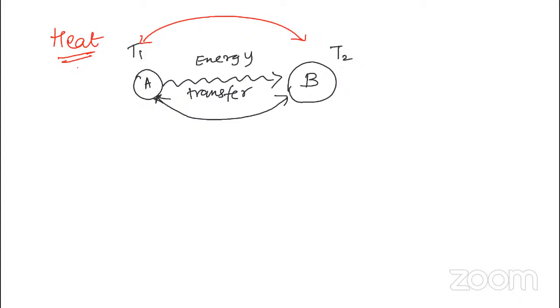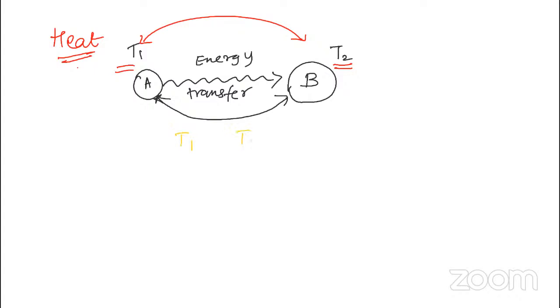Okay, when energy transfers from A to B, there will be a difference in the temperatures as well. Here it is T1 and here it is T2. Which one should be greater, T1 or T2?